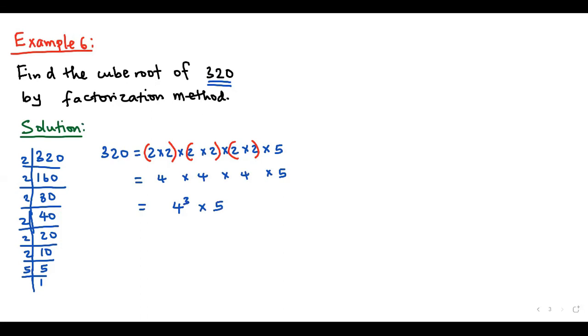All right then. So how can we get the cube root? To get the cube root of this, we can get the cube root of 4 cubed and the cube root of 5 alone. The cube root of 4 cubed will be 4. We cannot get the cube root of 5, so we leave it as cube root 5.